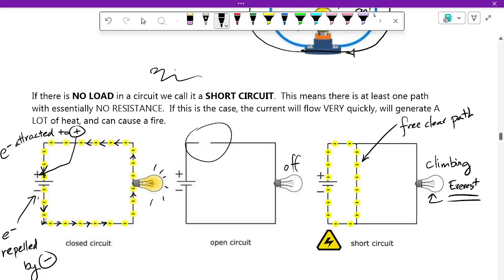So the electrons will avoid the light bulb because it's hard, and they'll go through the wire, which is a free clear path, but they move very fast. And when they move fast, they create a lot of heat. And when they create heat, you can get a fire.